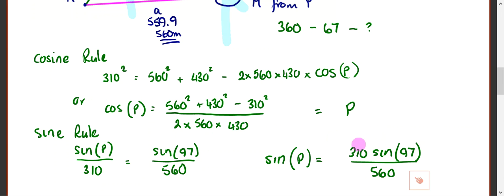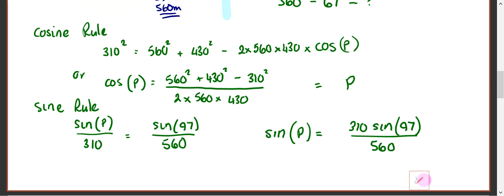You've got to do the inverse cosine, and this one the inverse sine. What do we get for the angle P for each one? Still working it through. 33.328, whatever.